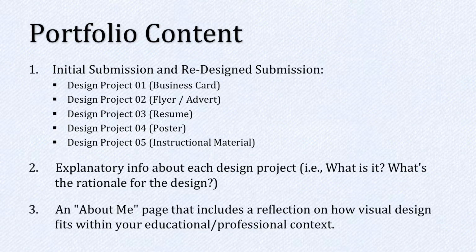In addition to those submissions, you have to have explanatory information about each design project. What is it? And what's the rationale behind your design? And then finally, you have to have an About Me page that's simply a reflection on how visual design fits in with your identity as an educational or professional.